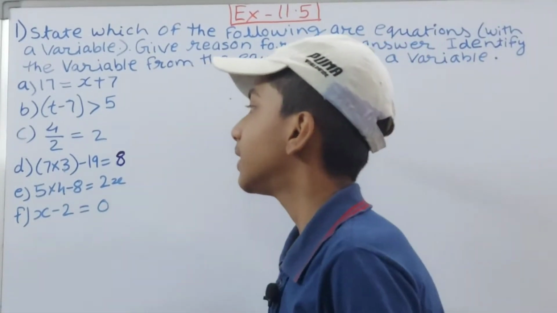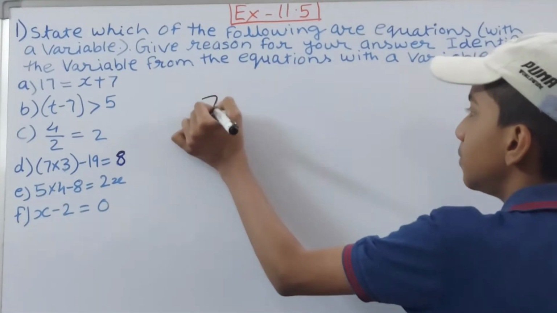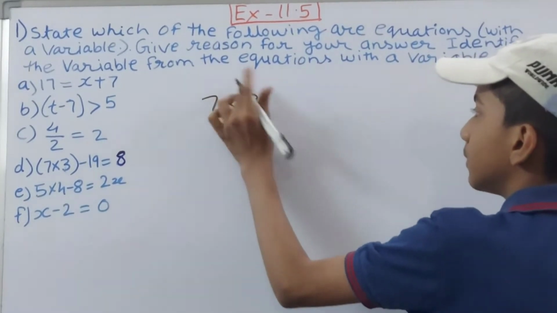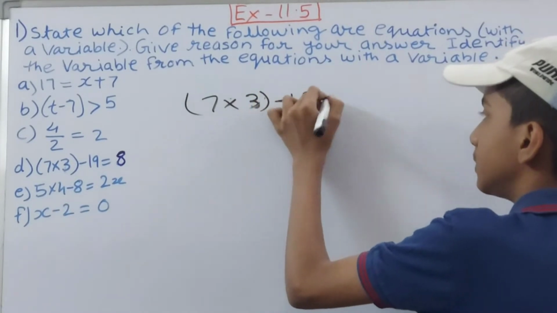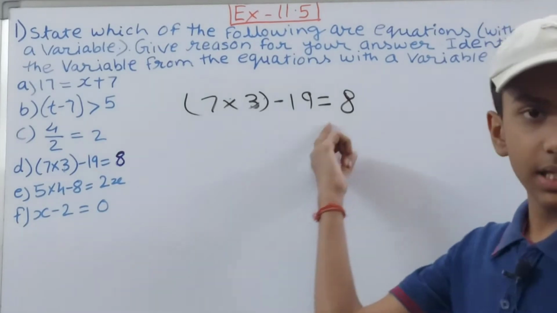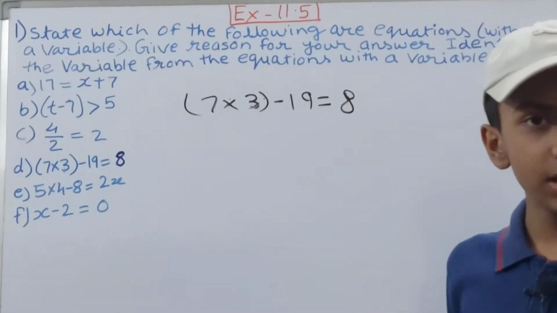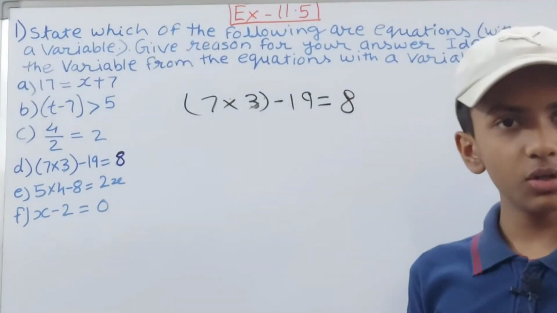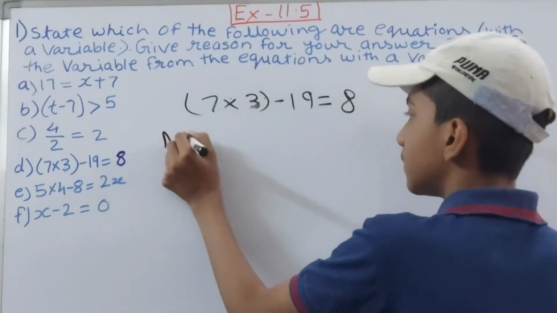Next is the d part. This is 7 into 3 minus 19 is equal to 8. Now again if you see, there is an equal sign here, but again what you can see is no variable is used here as well, right? So it is a numerical equation, but it is not an equation with a variable.